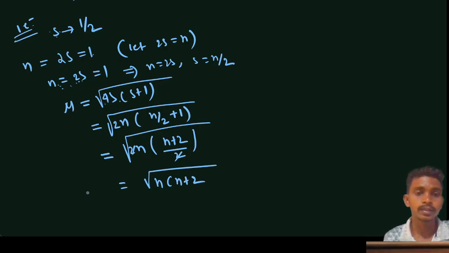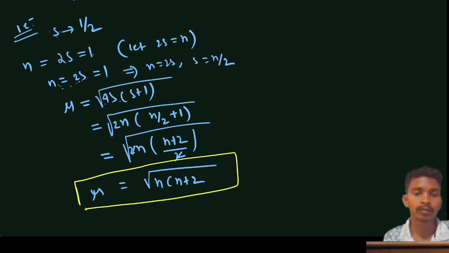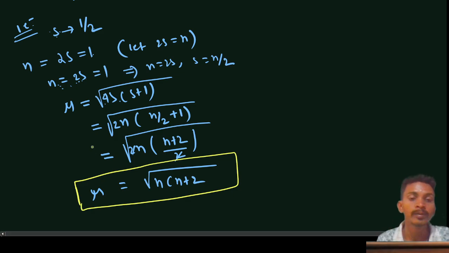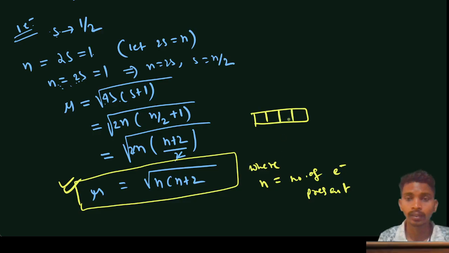Okay, so this is the magnetic moment, where n equals the number of electrons present. So if you use this formula, let's say one electron is present, then you take n equals 1.